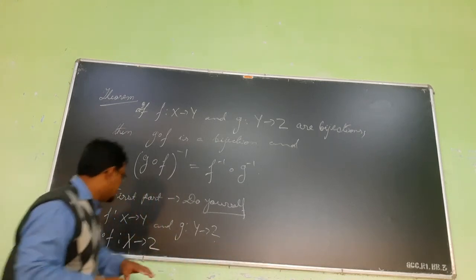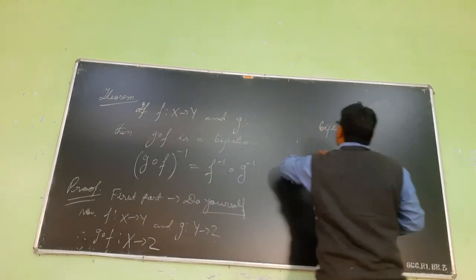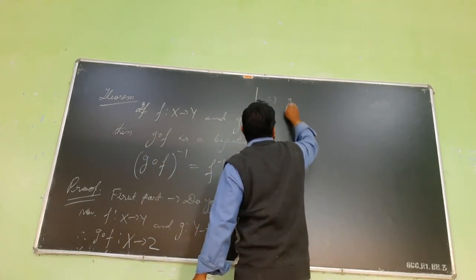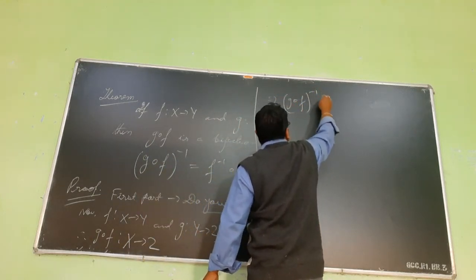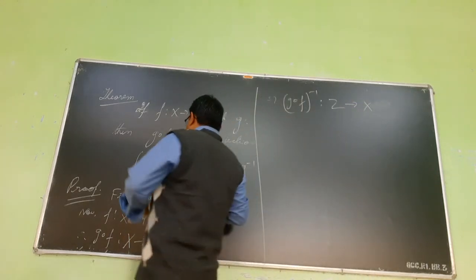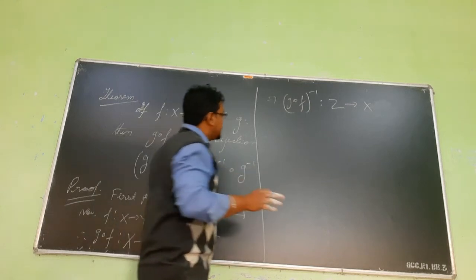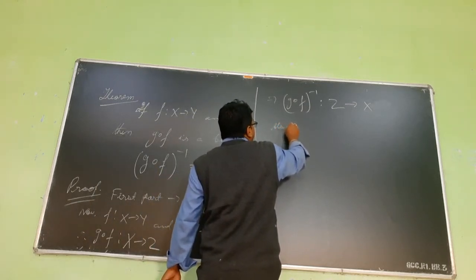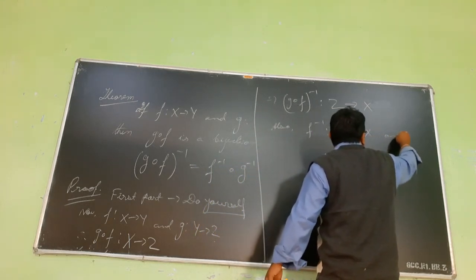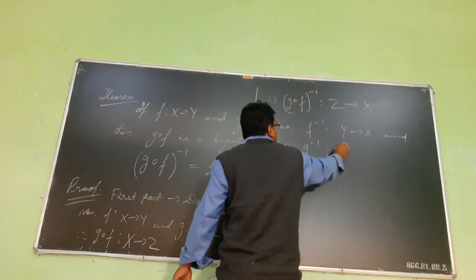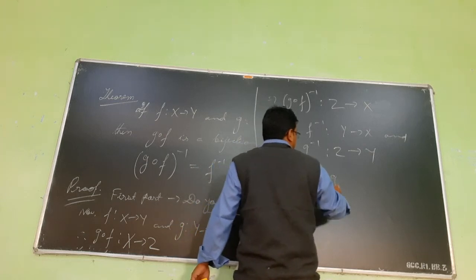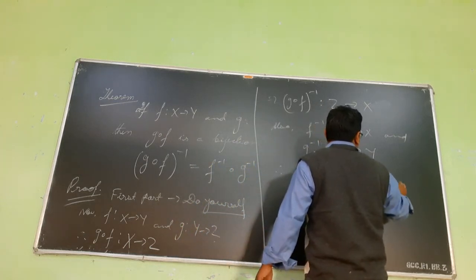Therefore g∘f is a function from X to Z, so this implies (g∘f) whole inverse is a function from Z to X. Okay, so first I have to make sure that these two functions have the same domain and codomain also. f inverse is a function from Y to X and g inverse is a function from Z to Y. So therefore f inverse ∘ g inverse is a function from Z to X.